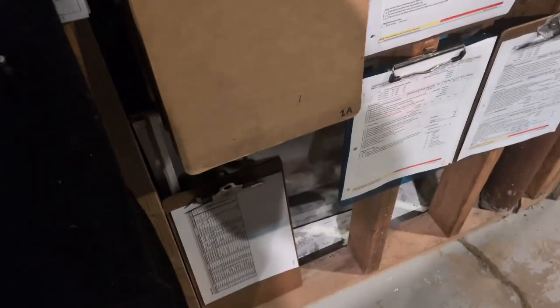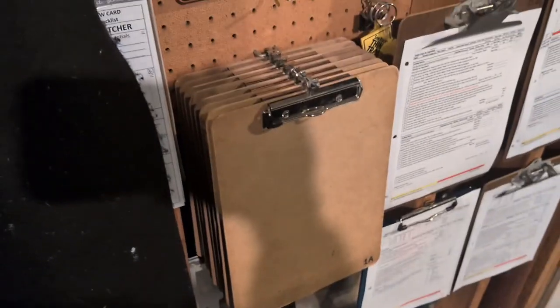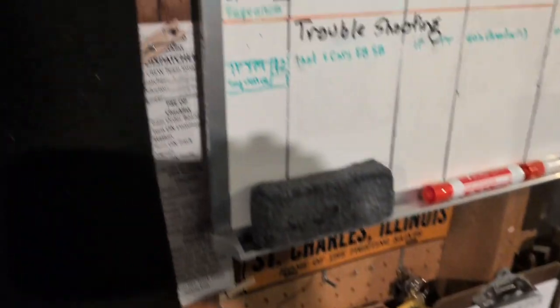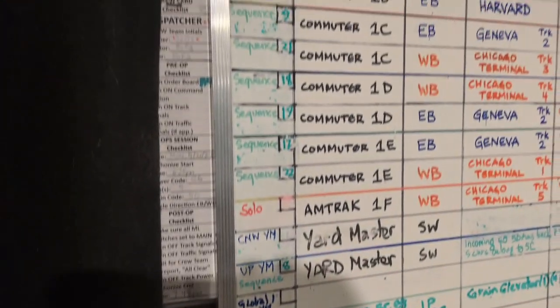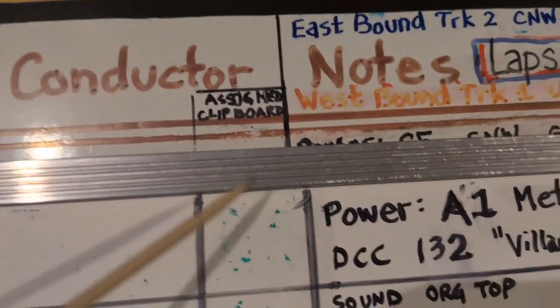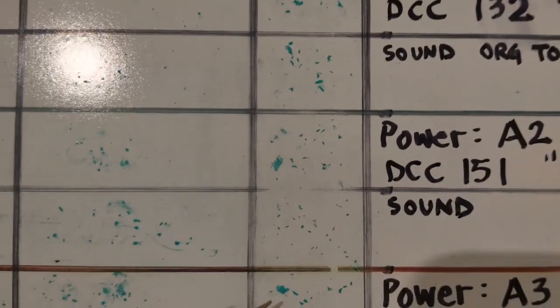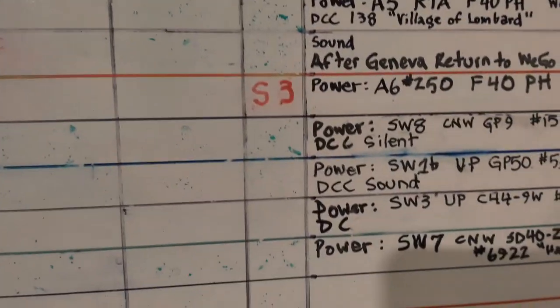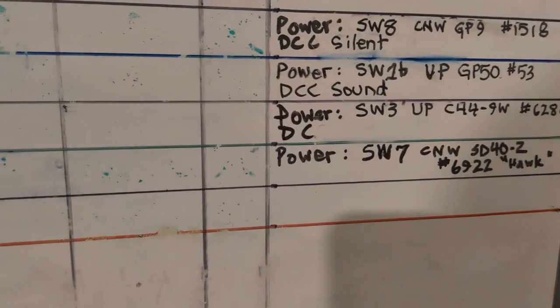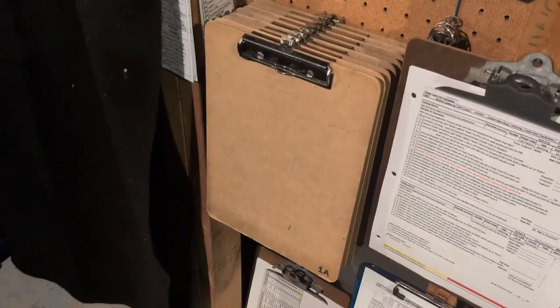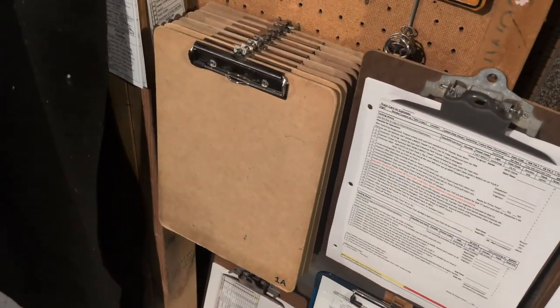Each of the clipboards is labeled 1A, 2B, 3C, and then they will have each of the sequence trains' paperwork attached. I have the assigned clipboards right here, and all those clipboards will be in this box here. So if you are running that train, you know what clipboard to look for to find your train, and these will be in sequence order.